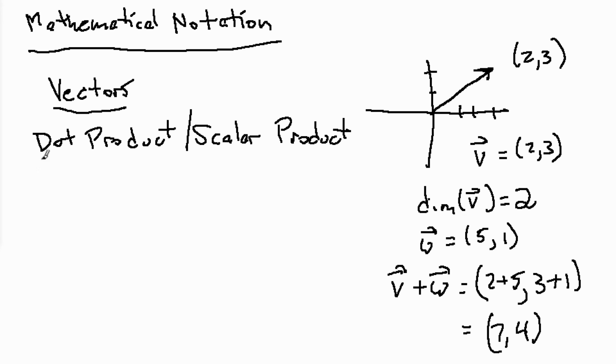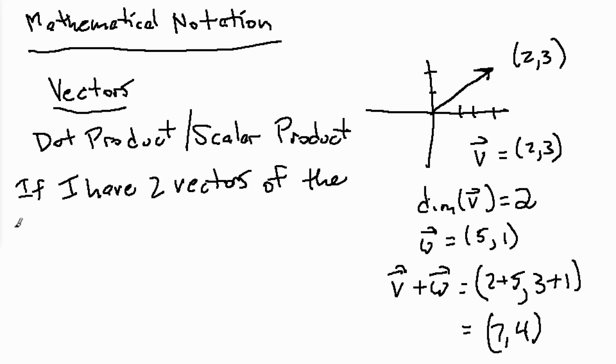And it says the following: if I have 2 vectors of the same dimension, and I'm going to make a couple up just for an example.